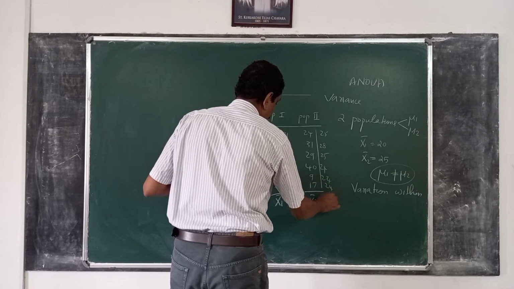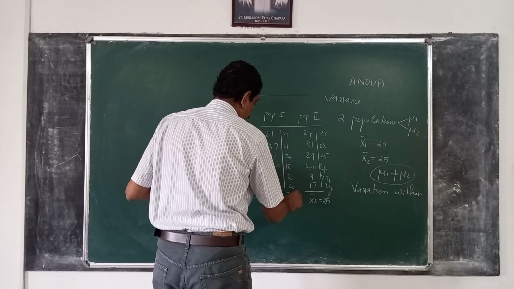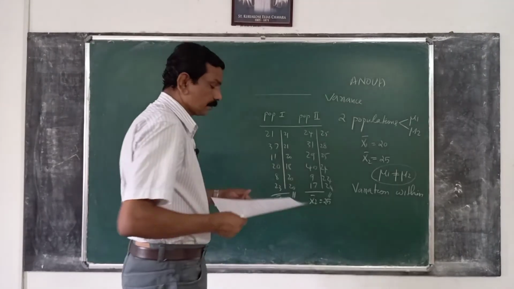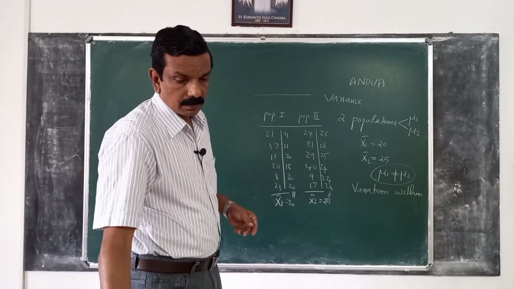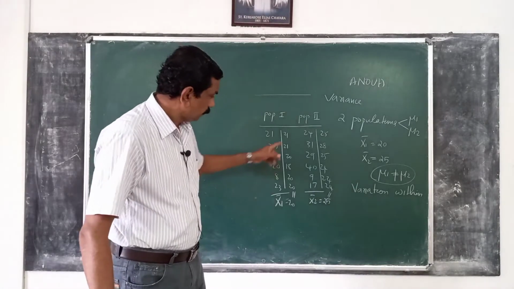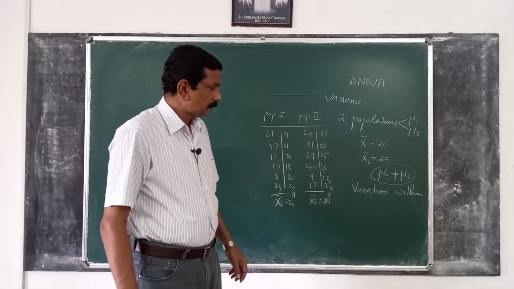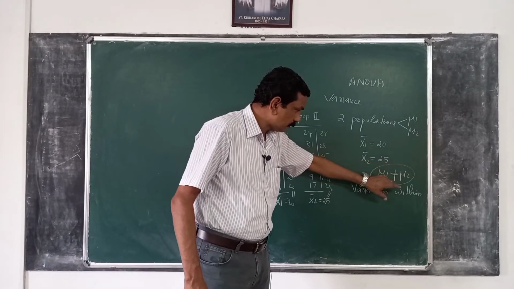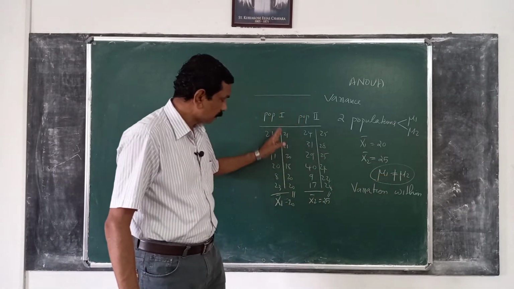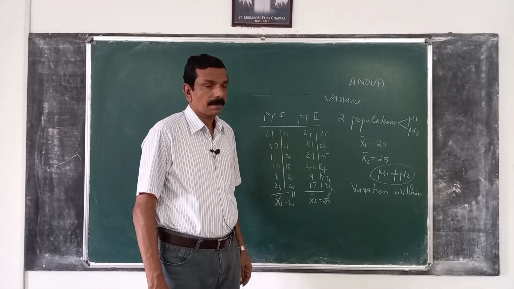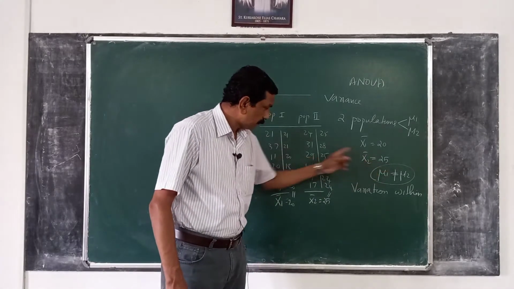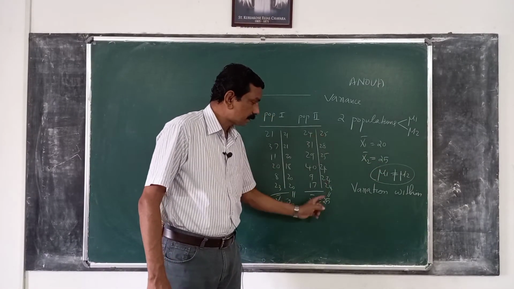Again x bar 2 is 25, x bar 1 is 20. Now, if you compare this with this, then we can conclude that mu1 is not equal to mu2 from the sample information because now this is due to differences in population means.